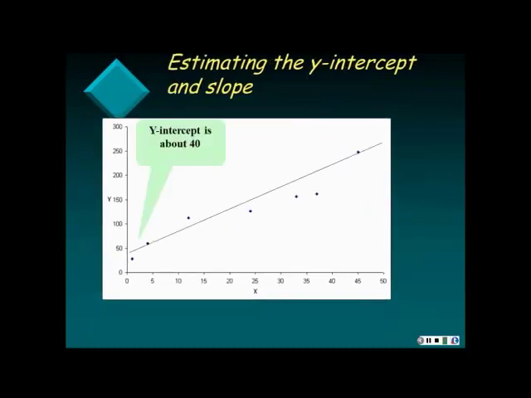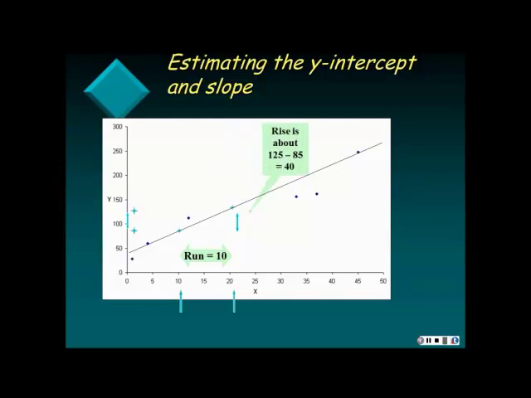Next is the slope. First, I'm going to just find two points. I'm going to choose 10 and 20 because I like to have 10 in the numerator. Remember, the slope is going to be the rise over the run. The run is 10. And then the rise is about 40.